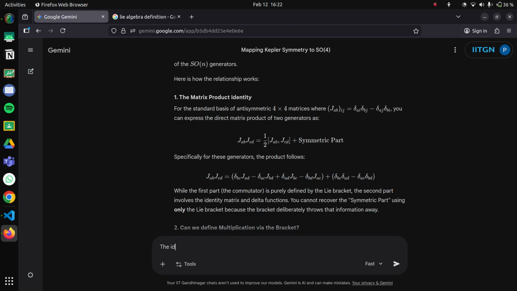The identity for the product that you gave.